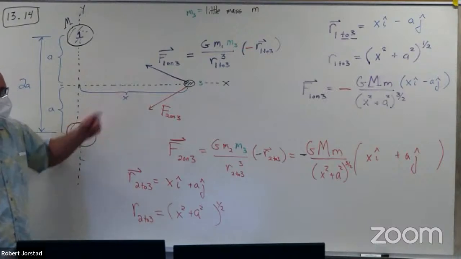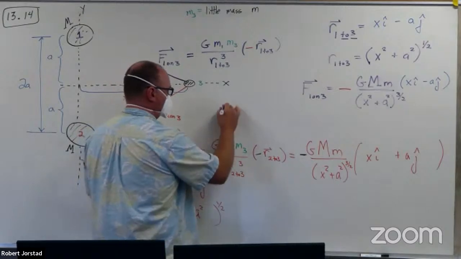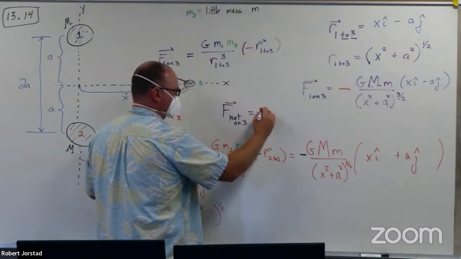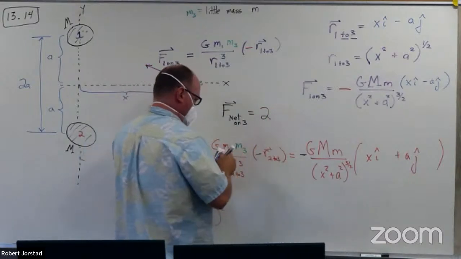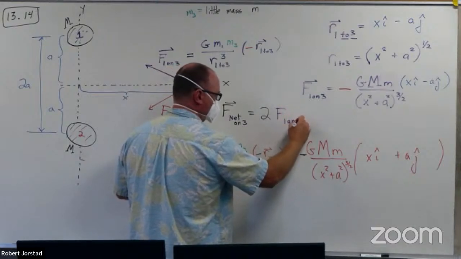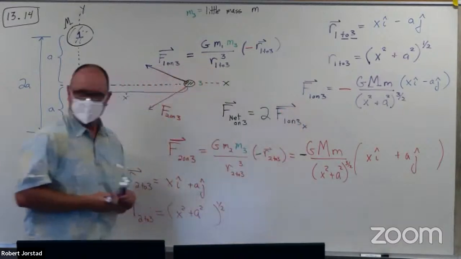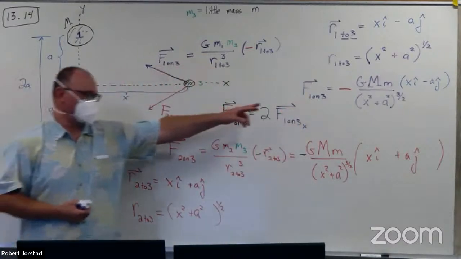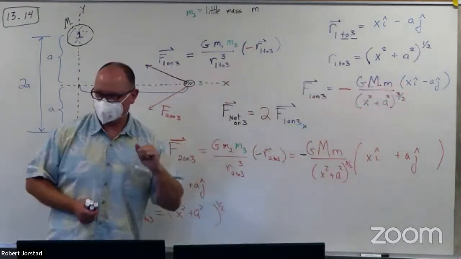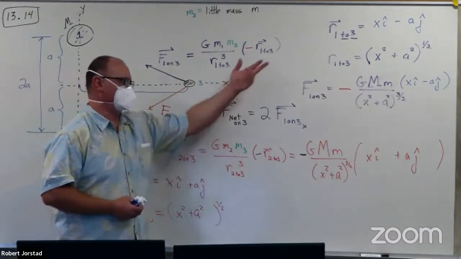You should say, look, I can tell the force net on 3 is equal to 2 times F 1 on 3 in the X. Meaning I get the entire force vector, clip off the X component only, and double it. Do you agree with that? And isn't that faster than doing this whole procedure twice?